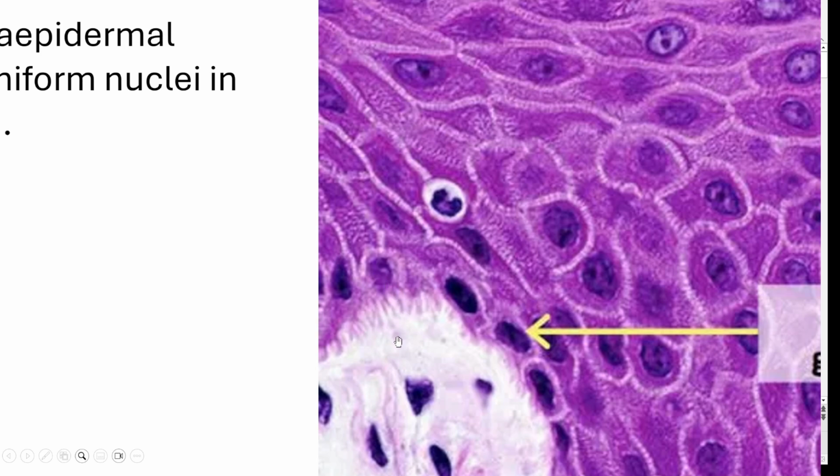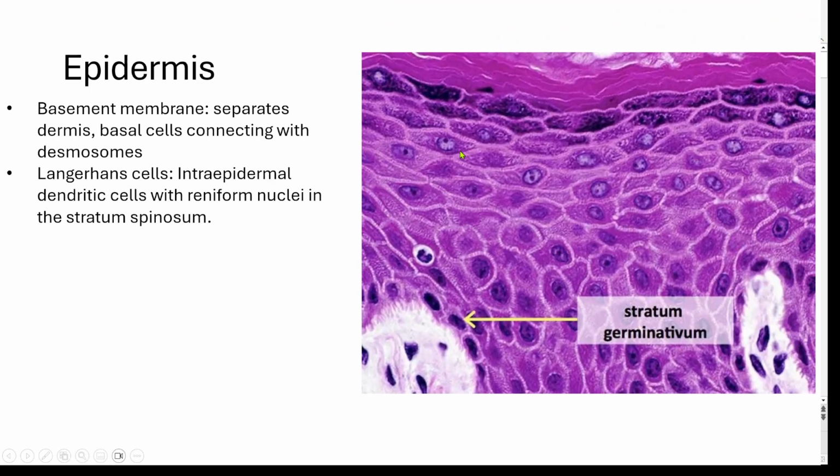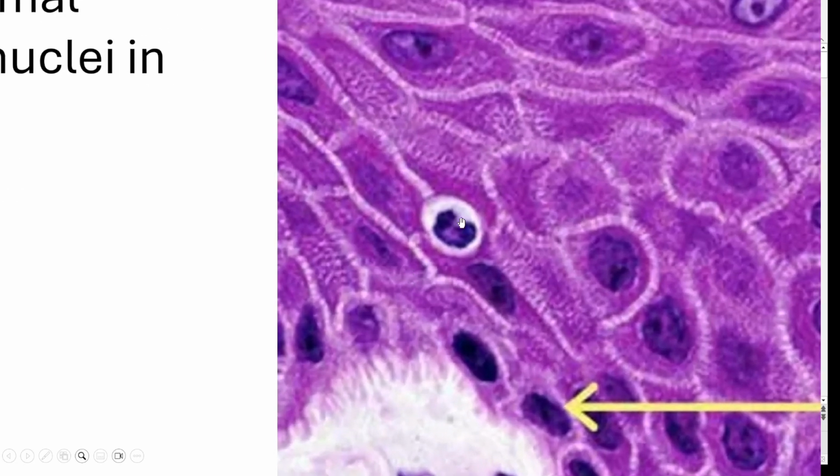You can also see the desmosomes in between the spinous layer. And of course you have the granulosum layer and the corneal layer. There are Langerhans cells, which are basically dendritic cells of the intraepithelial layer, and we have a very nice one here, with the reniform shape, like a kidney shape.